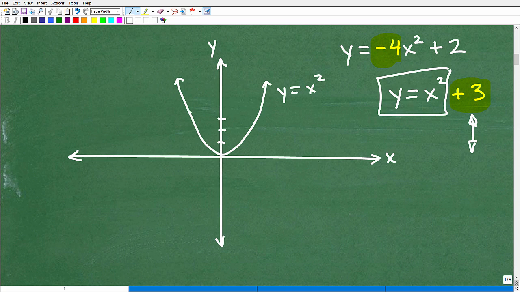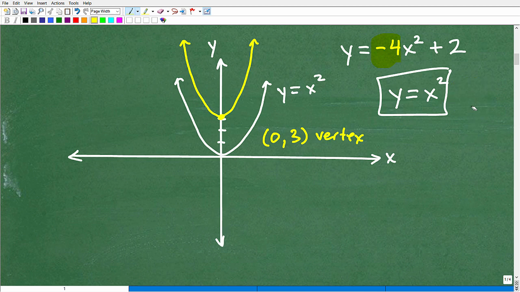And then we're going to just keep this same parabola, the same shape, just like so. So if I said, what is the vertex of this parabola, I would locate this point that would be located at 0, 3 is the vertex.